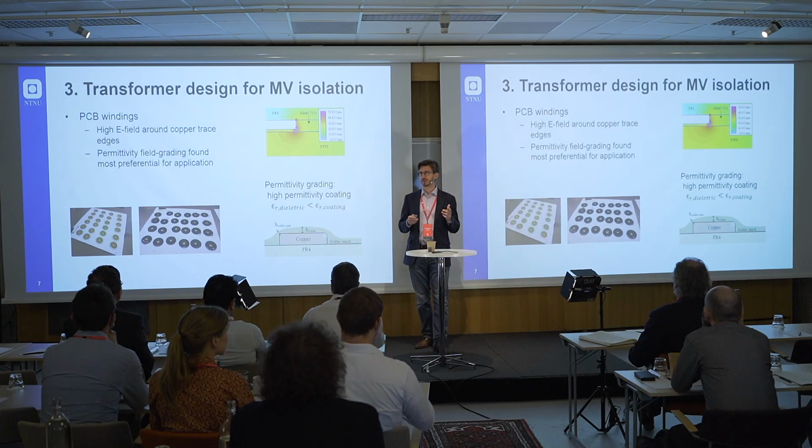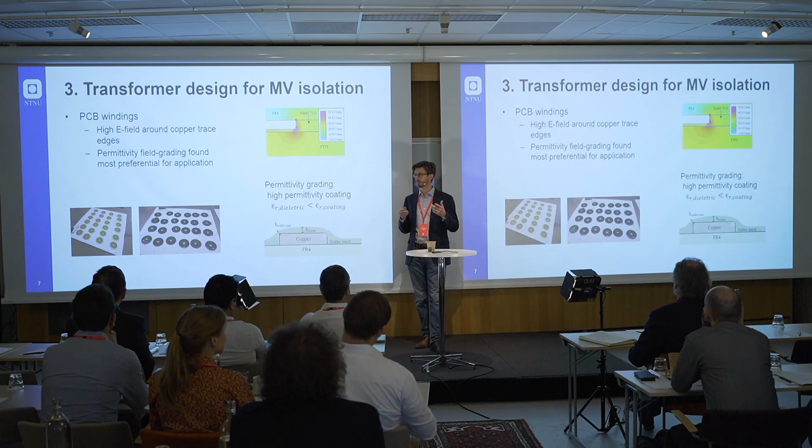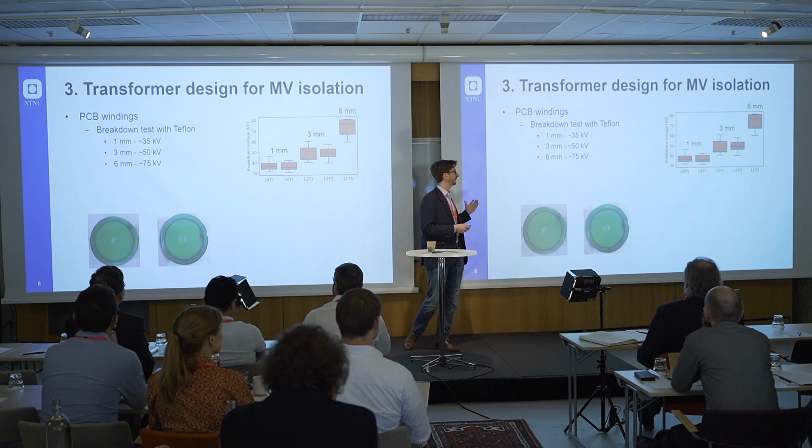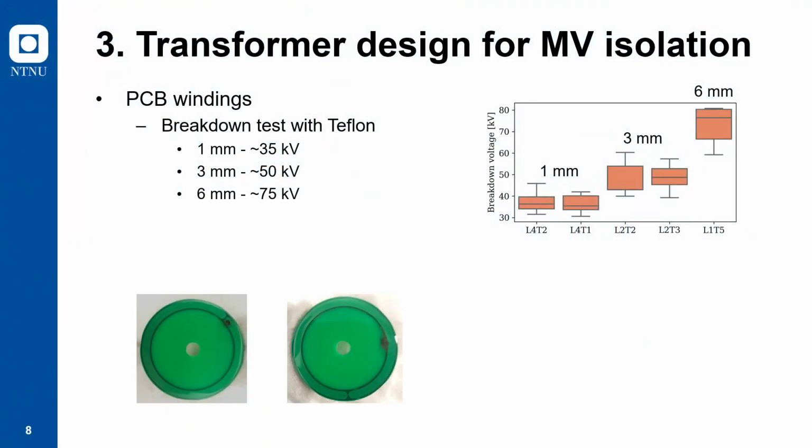Now, we tested this concept in breakdown testing. We tested two things: different thicknesses of the dielectric, and also this permittivity field grading option and other options. So just quickly, we had 1 millimeter, 3 millimeter, 6 millimeter Teflon with identical windings on primary and secondary side.